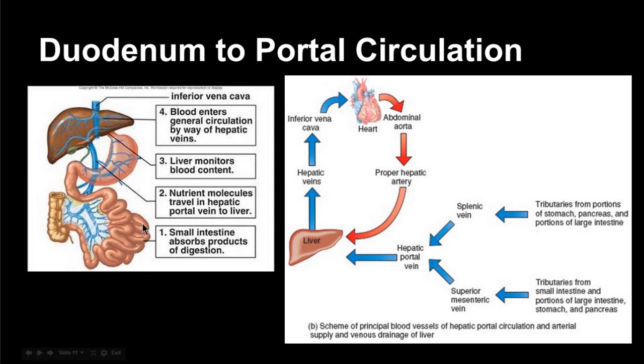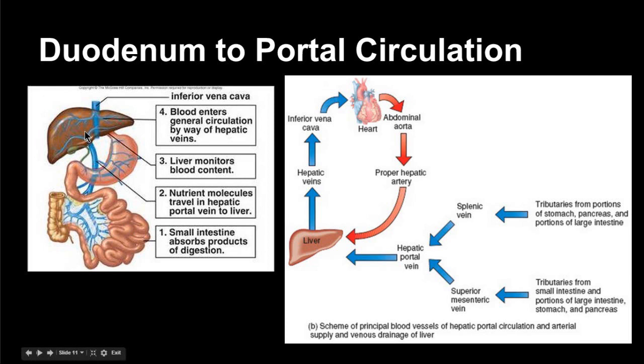So the nutrient molecules then travel through the portal vein. It's the hepatic portal vein. Hepato just refers to liver. So when we say hepato, that means liver. So the portal vein goes to the liver, and then the blood eventually will leave.